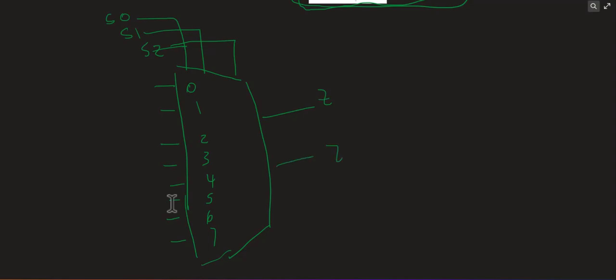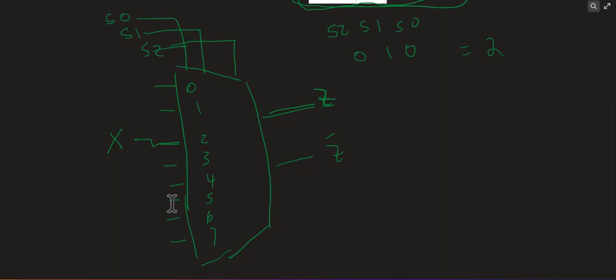We can draw it with one output and its complement. The way this works is based on what your select inputs are. So if my S2, S1, S0 is 0, 1, 0, that's binary for 2. And that means that whatever input I have coming into 2, that's going to be what comes out at Z.